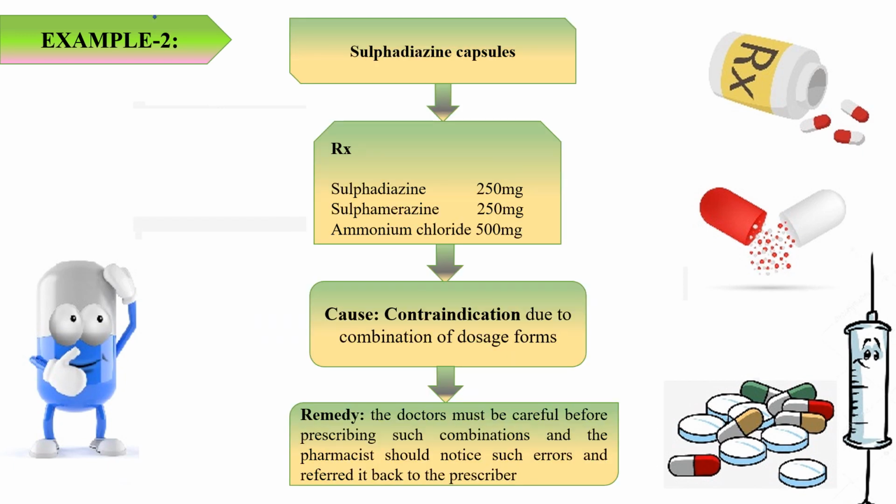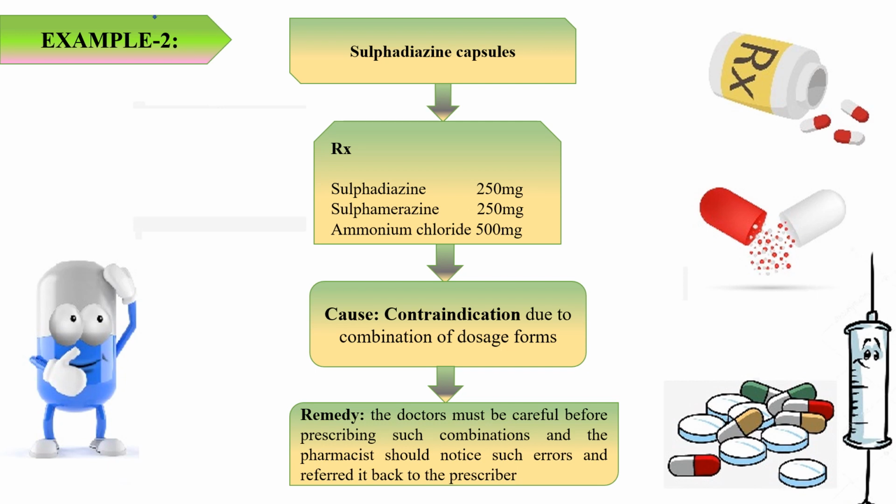Another example is sulfadiazine capsule. The prescription written here is sulfadiazine, of quantity 250 mg, sulfamerazine, of quantity 250 mg, and ammonium chloride, of 500 mg. The cause is contraindication due to the combination of sulfonamides with ammonium chloride.